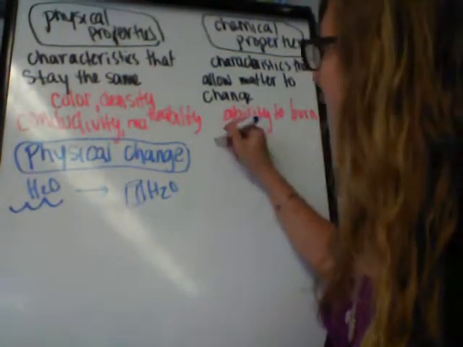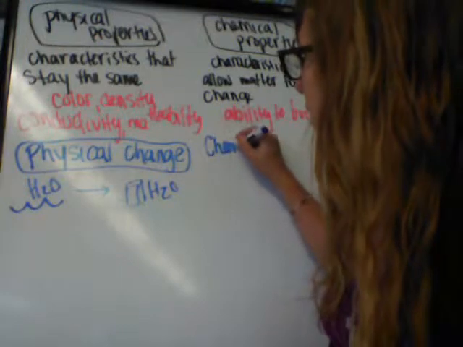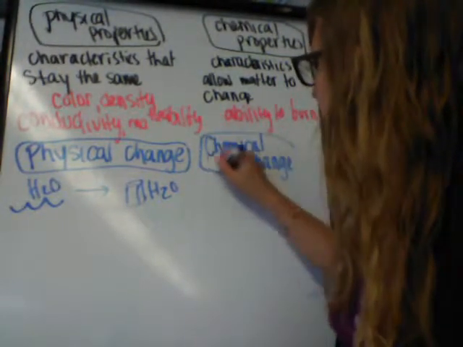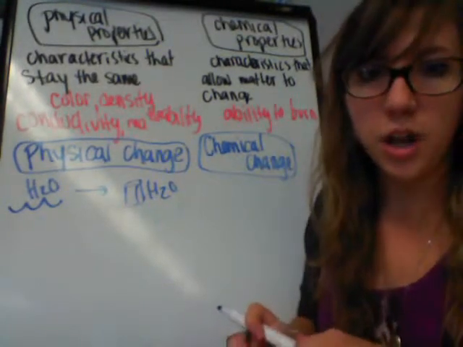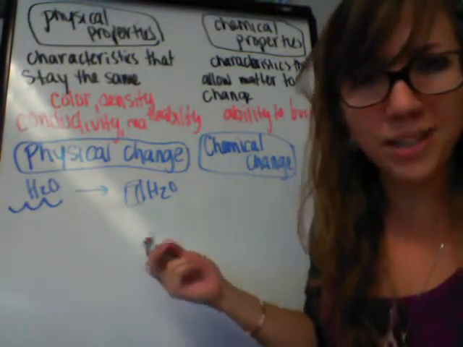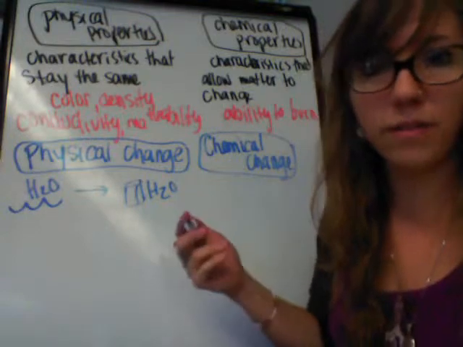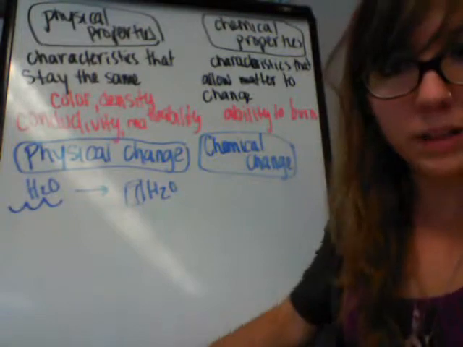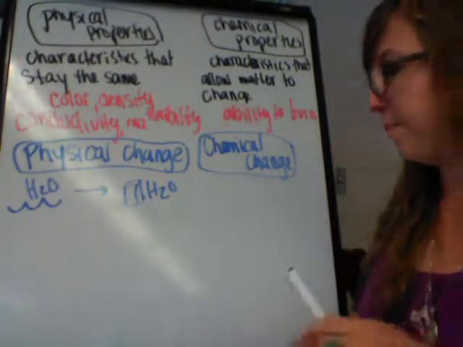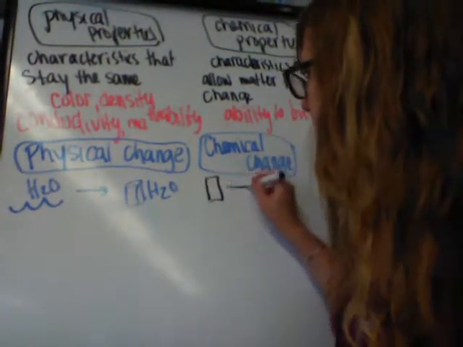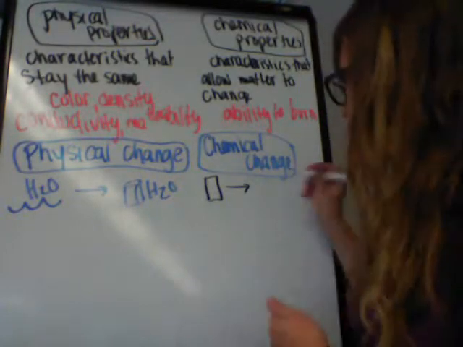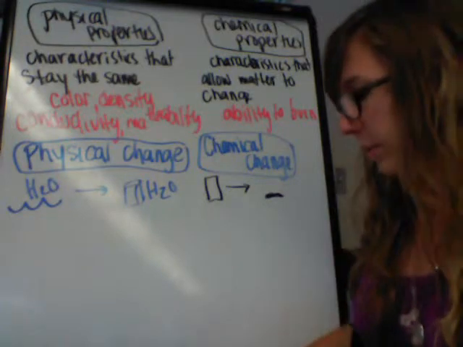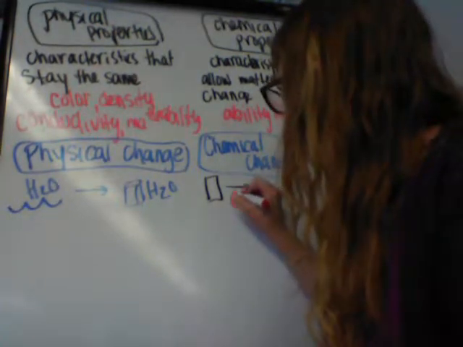Whereas in a chemical change, the actual composition of whatever the matter is changes. Like I said earlier with the paper, the ability to burn: once you go from having a piece of paper, if it burns, then you have ashes.